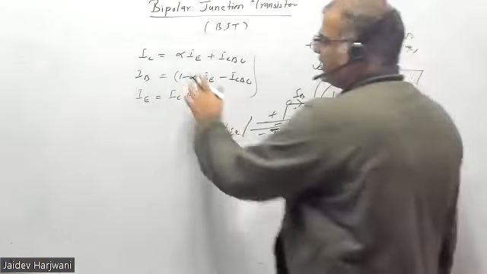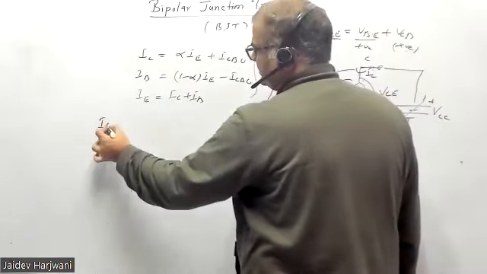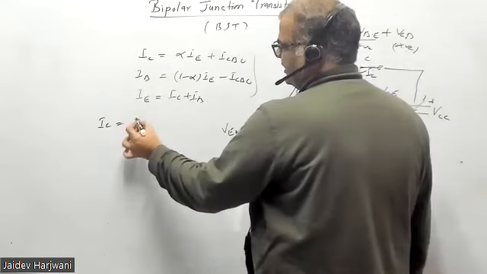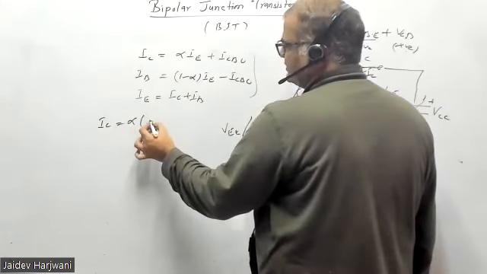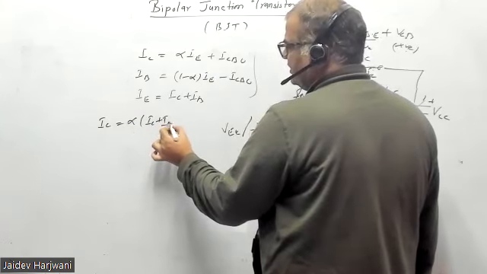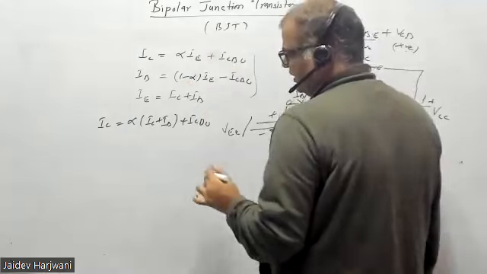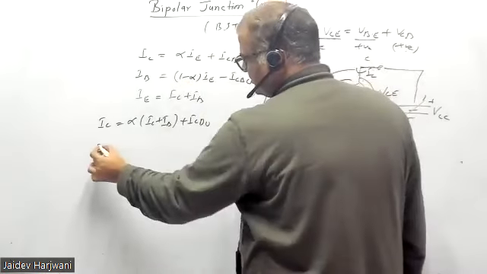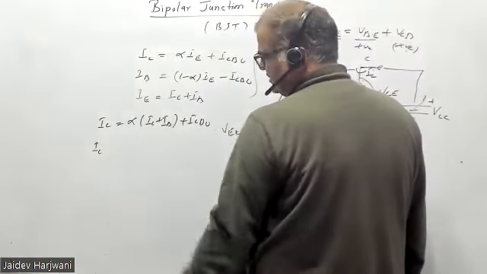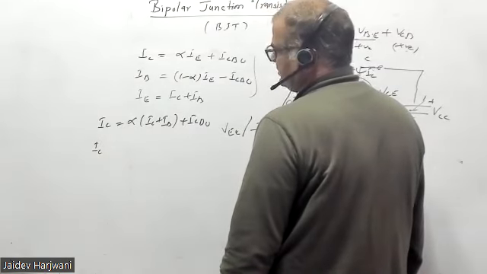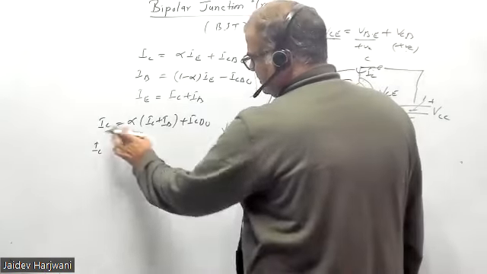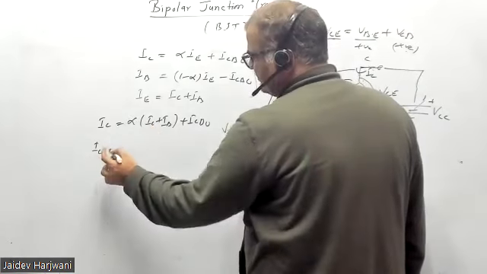Okay, so what I'll write here, this is my IC. This alpha I can write, IC equals alpha IC plus IB plus ICBO, this equation. And this gives me what? IC equals alpha IC minus alpha IC.